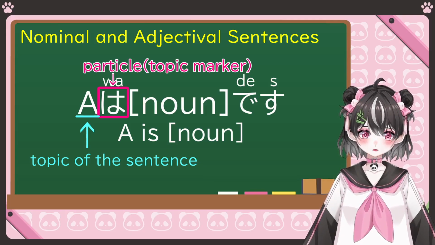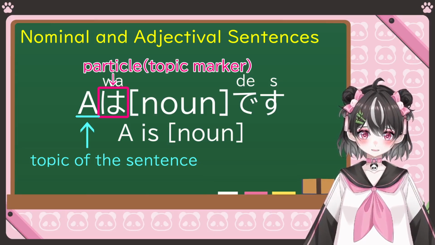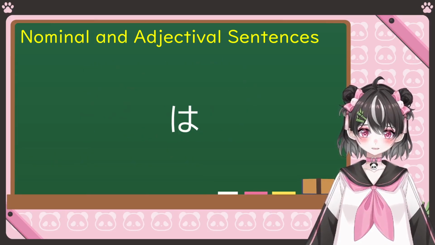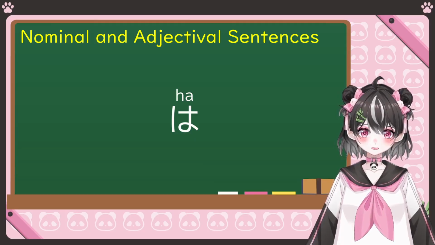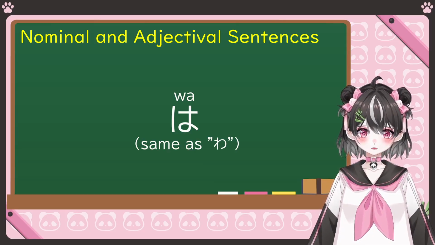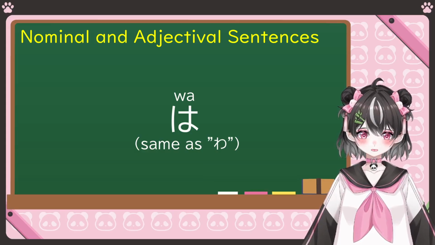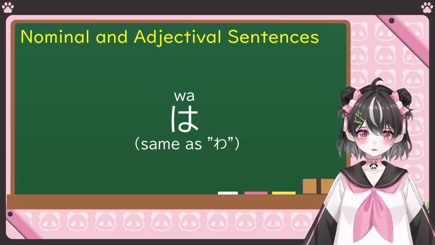I explain particles in more detail in another video. Oh, and actually, this hiragana is ha, but when it's used as a particle, it's pronounced wa. It might sound a bit confusing at first, but this comes up all the time, so you'll get used to it quickly.